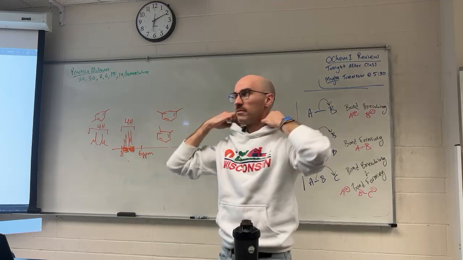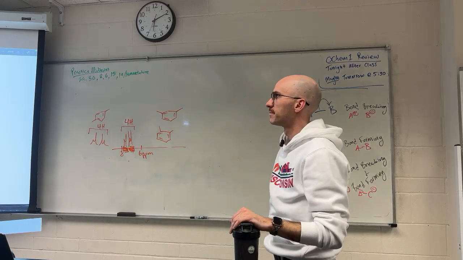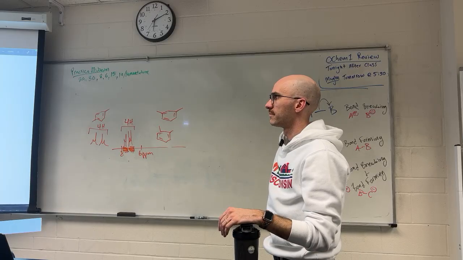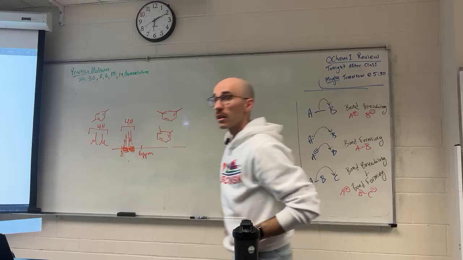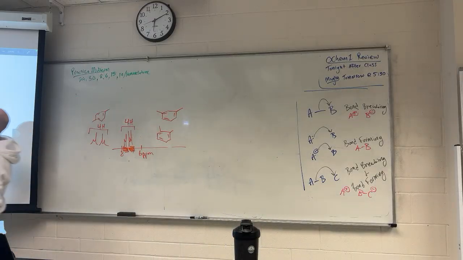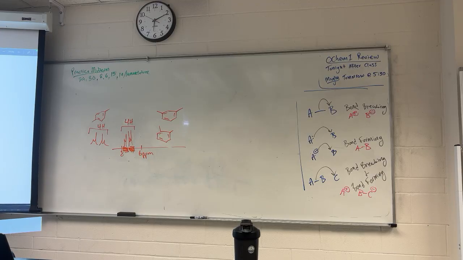I understood that it's always going to be a singlet, but you said they don't count. So this 1H on the carbon has 3 neighbors on the right, and that's it. It doesn't have 3 neighbors plus 1 neighbor for a total of 4.